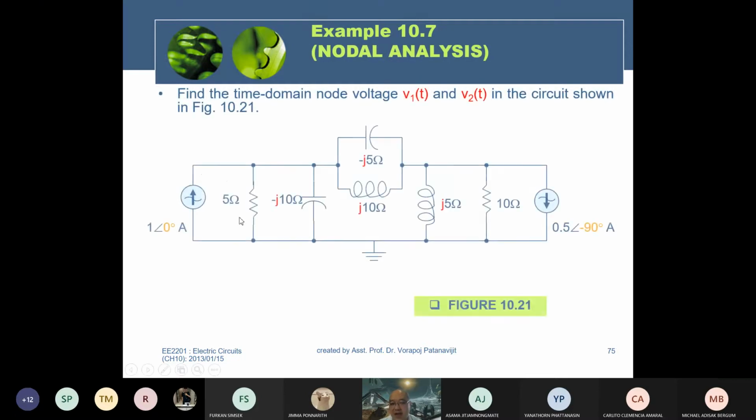In this circuit, we have already converted the sources to Phasor form and the resistance, capacitance, and inductance into impedance form. The highlight of this example is how to apply nodal analysis to determine V1 and V2.